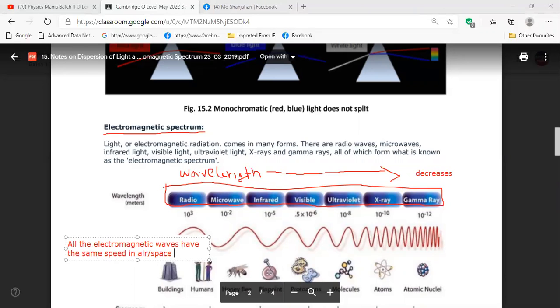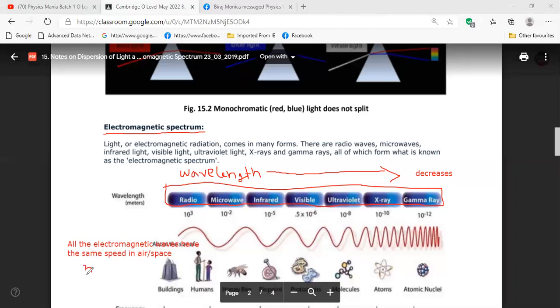That is three. I'm writing here. All the electromagnetic waves have the same speed in air or space. What is the value? All of you know the value. I'm writing again, no problem. What is the value?